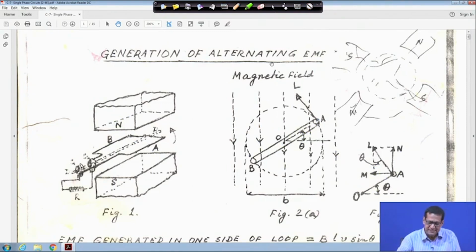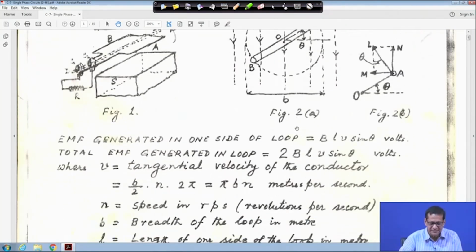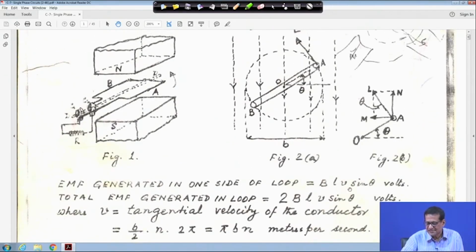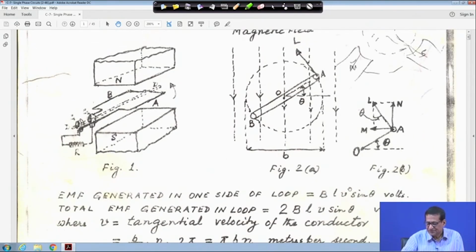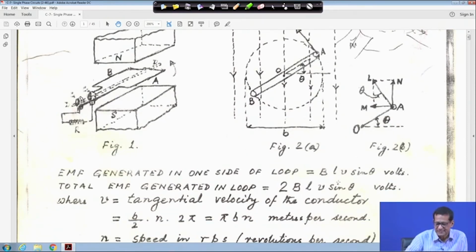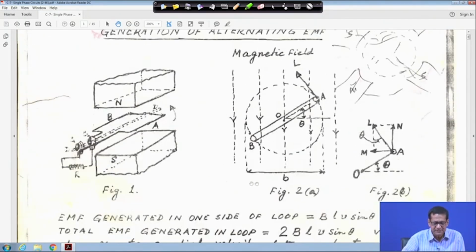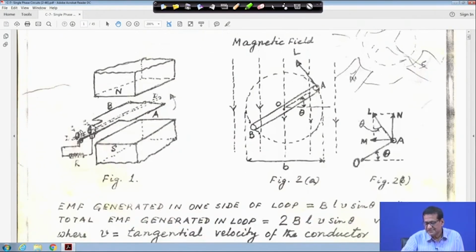So, next, if you look at the voltage generated, the EMF generated on one side of the loop is BLV sin theta, that is from your higher secondary physics. When the coil is revolving in a constant magnetic field, the EMF generated on one side of the loop, because it is a coil AB, a loop, will be BLV sin theta.